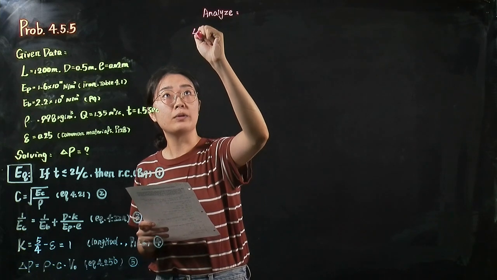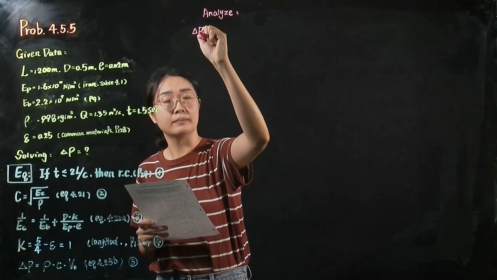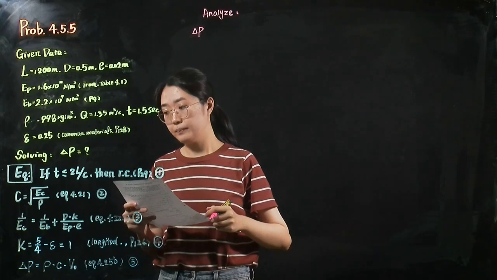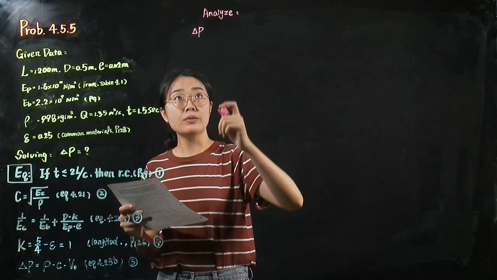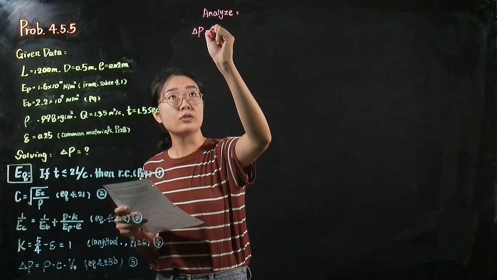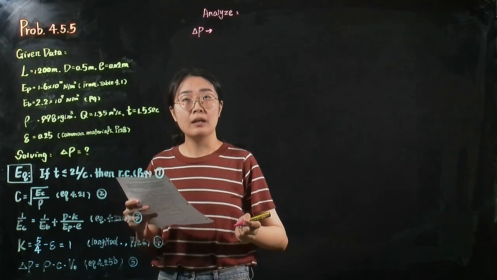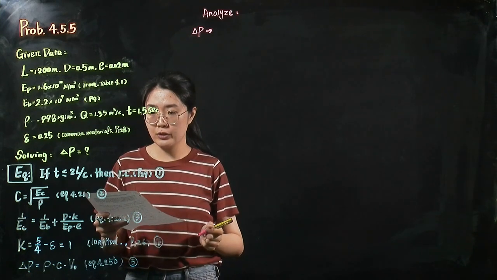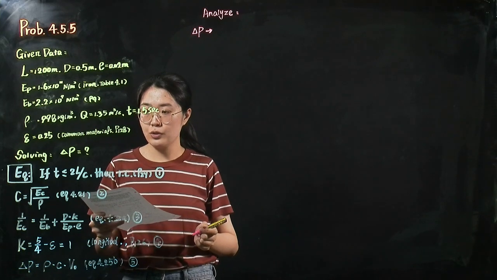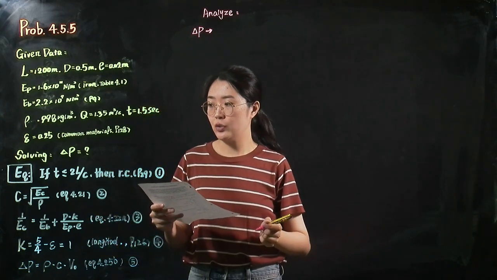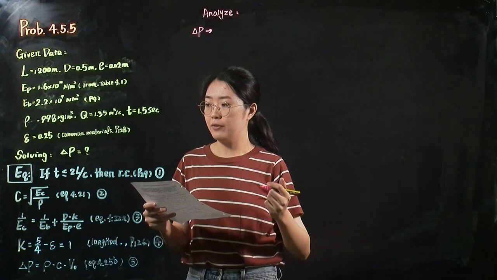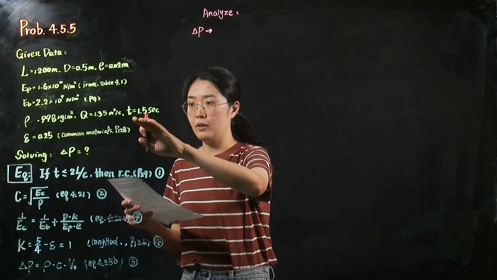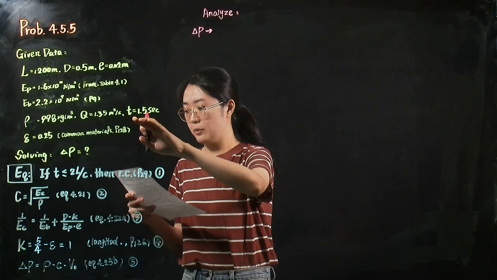In this problem, we want to know the maximum water hammer pressure, which is delta P. To select the equation to calculate delta P, we need to know if the rapid closure situation happens. To do that, we need to calculate the value of the minimum time and then compare it with the time to close the valve.